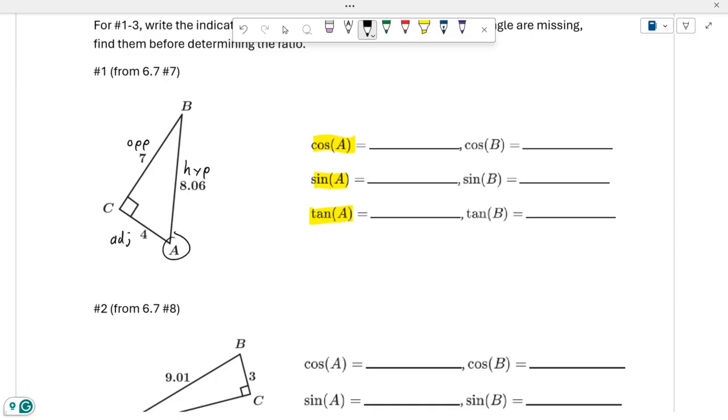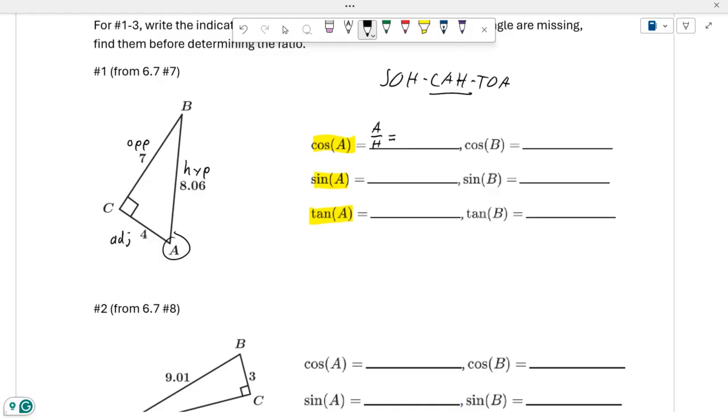Now I just need to remember my definitions in a right triangle for cosine, sine, and tangent. So cosine is, you think, CAH, and cosine is adjacent over hypotenuse.